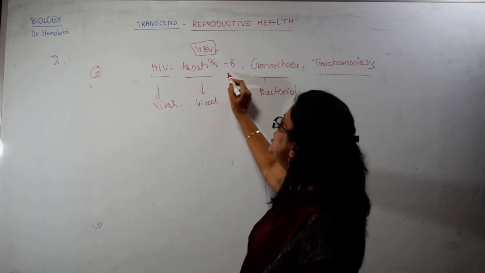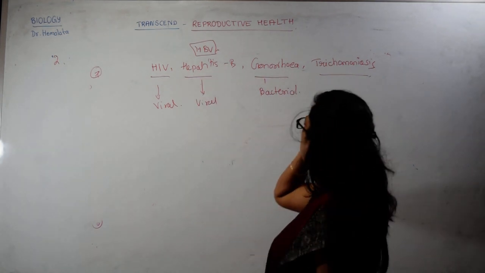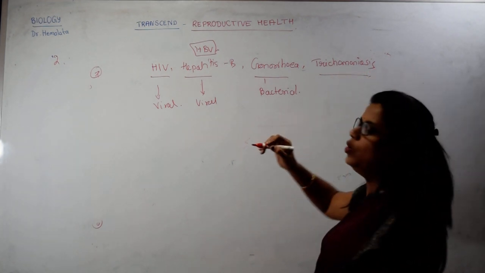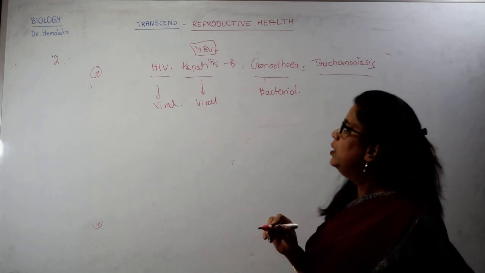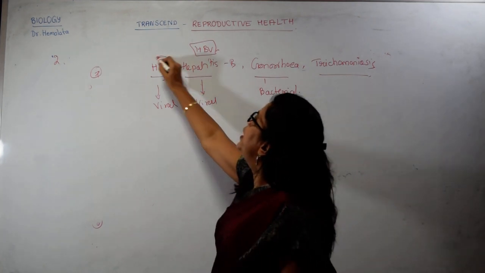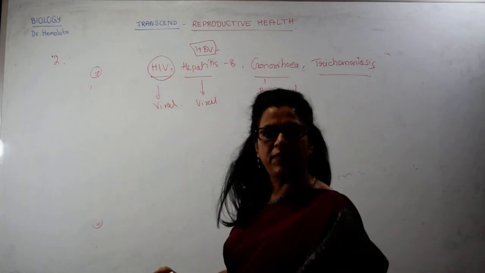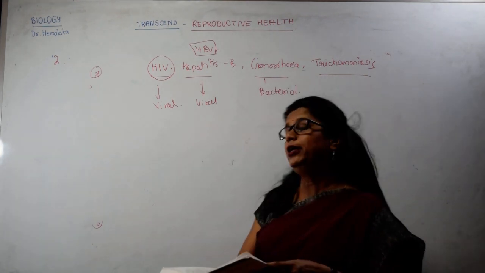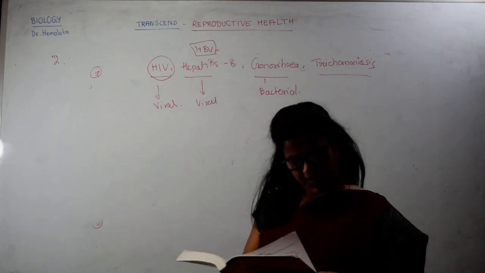But hepatitis B is given as a disease name. Next, gonorrhea is the name of a disease again. Trichomoniasis also is the name of a disease. Therefore, only in HIV is the name of the virus given. Others all are diseases. So, this is the right option, that is, option C is right.